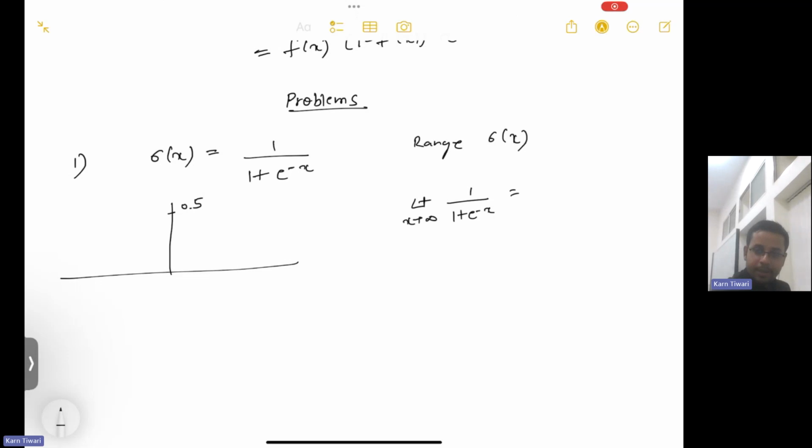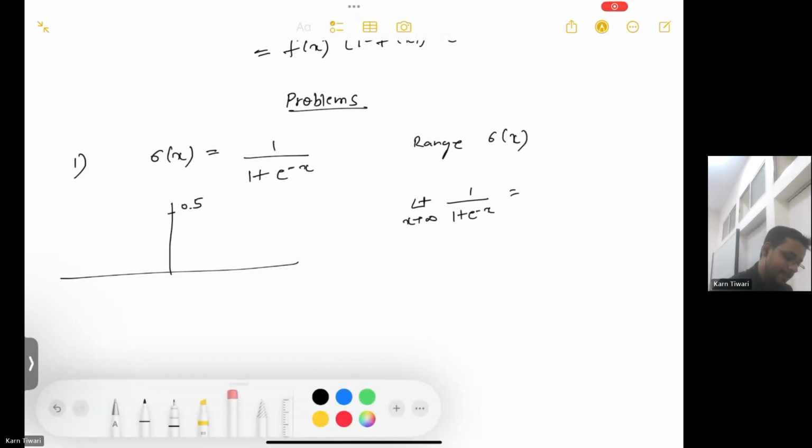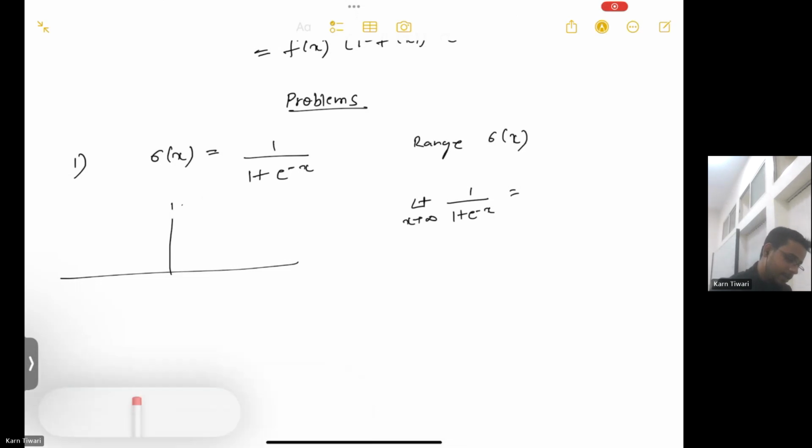As x tends to infinity, e to the power minus x tends to 0, and 1 plus 0 is 1. So it's 1, and 0.5 at 0. We know the asymptotic behavior is that as x tends to infinity, it is 1.